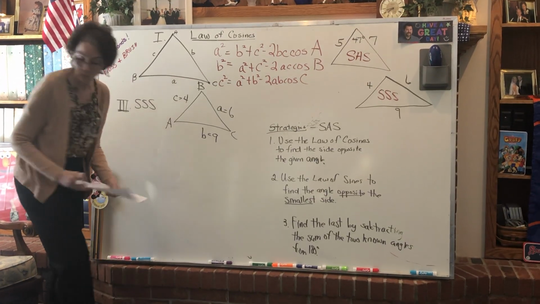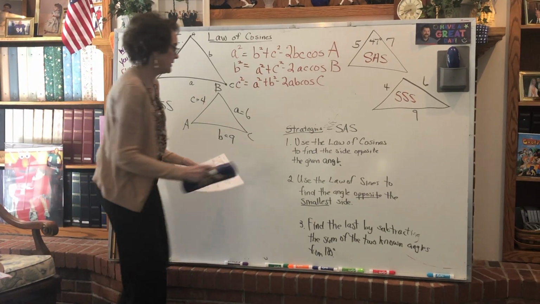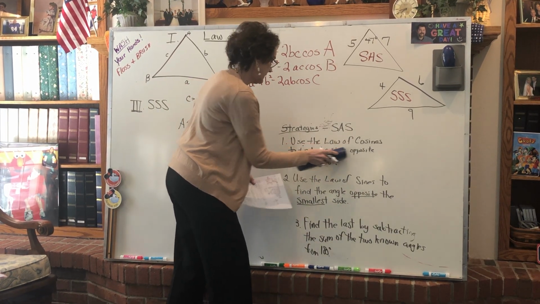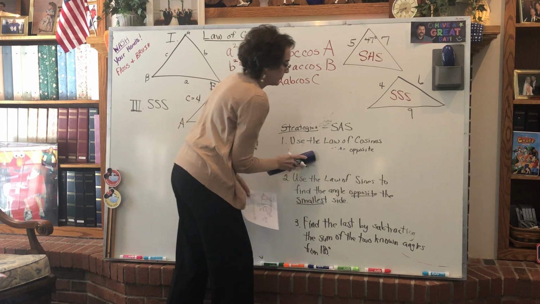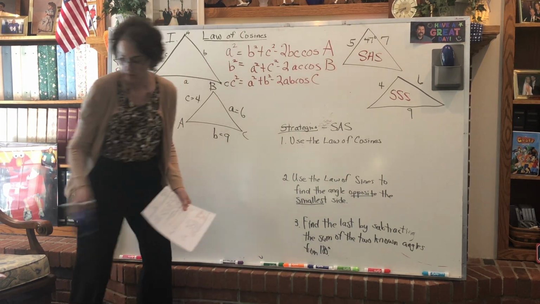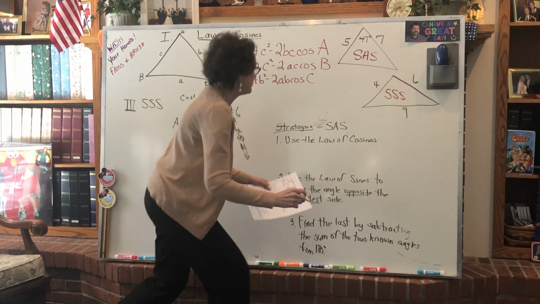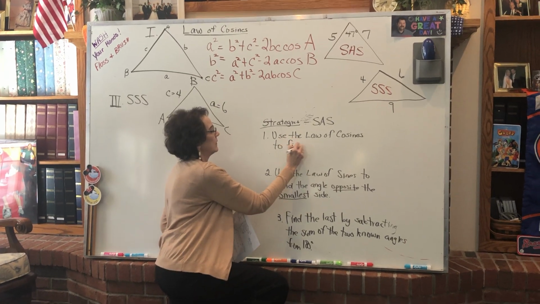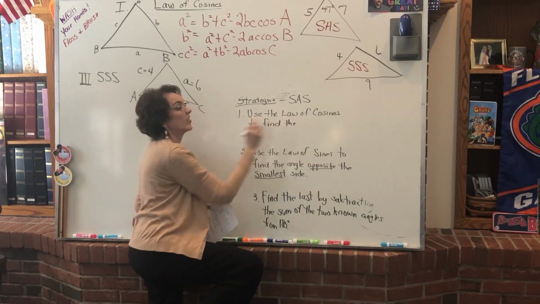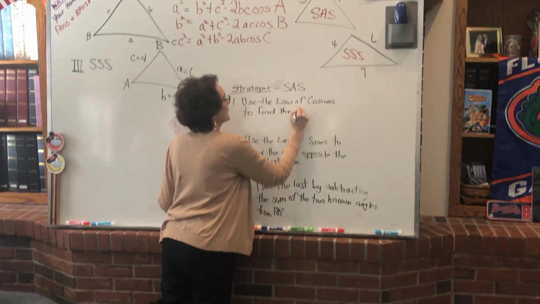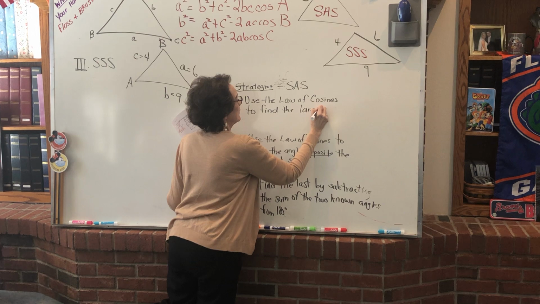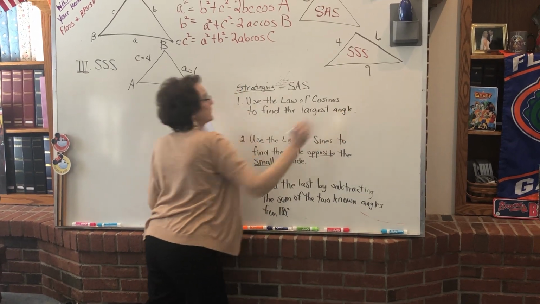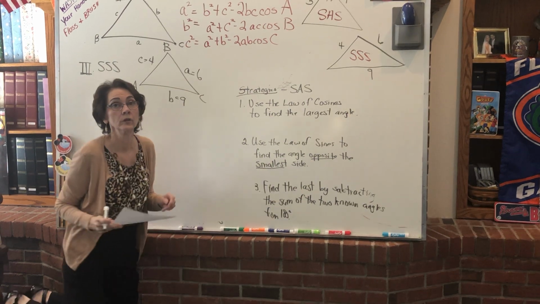All right, so number 1, the first thing we do is use the law of cosines to find the largest angle. Now I want you to think about that. Why do you think we need to find the largest one first?